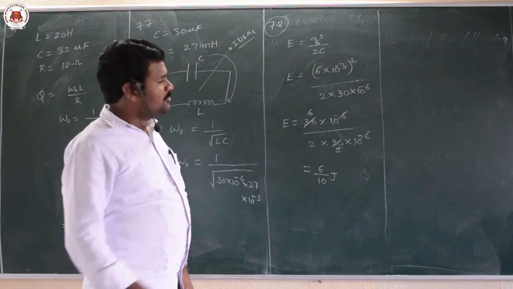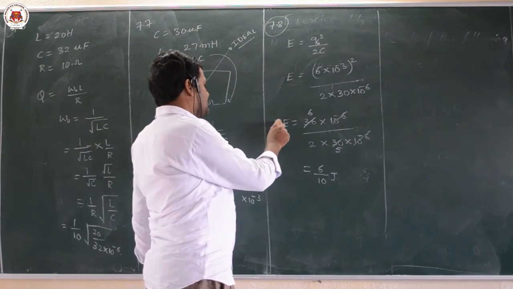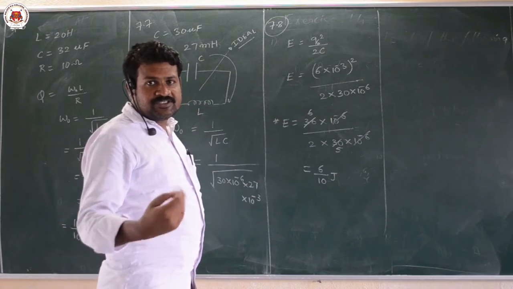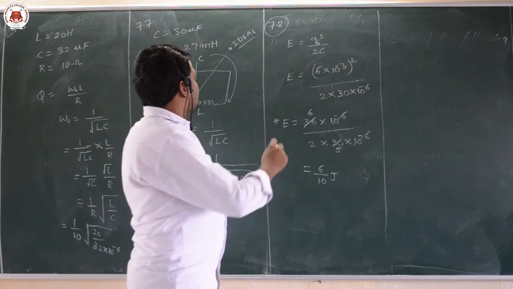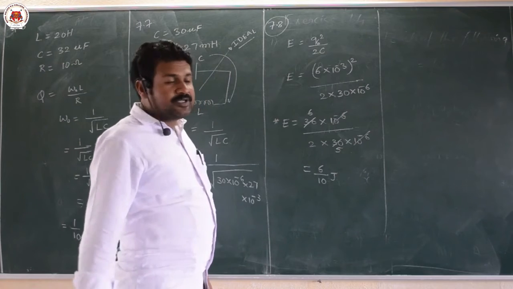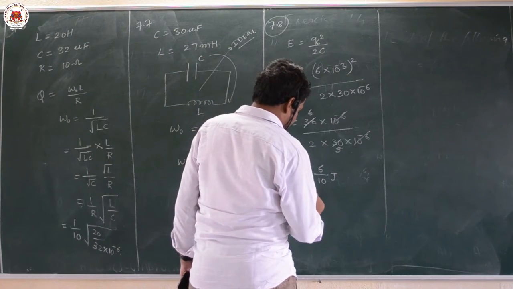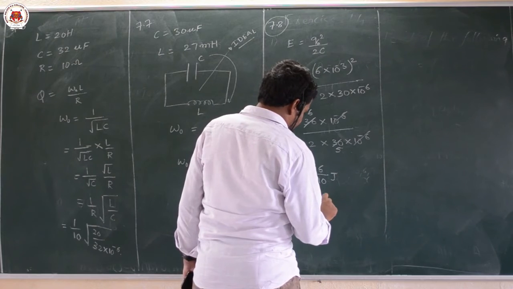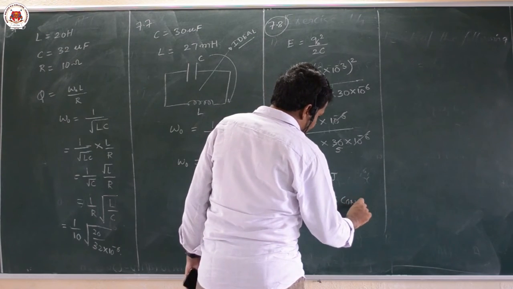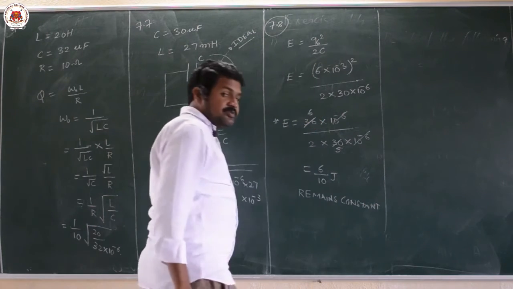Calculations you can do on your own, I have just shown this. He asked one more question: what is the initial energy? Initially it is associated with the capacitor, and this energy remains constant. Energy is conserved in LC oscillation, and remains constant throughout the oscillation.